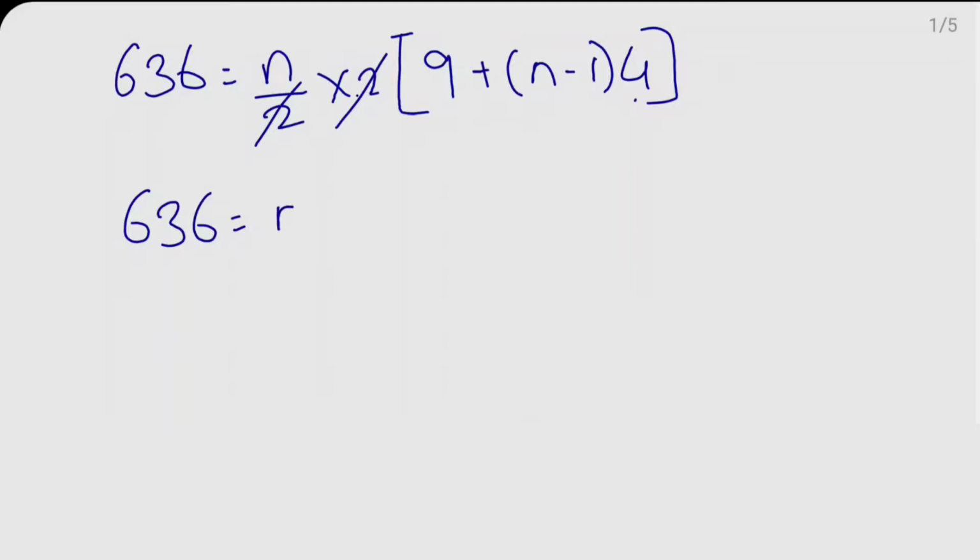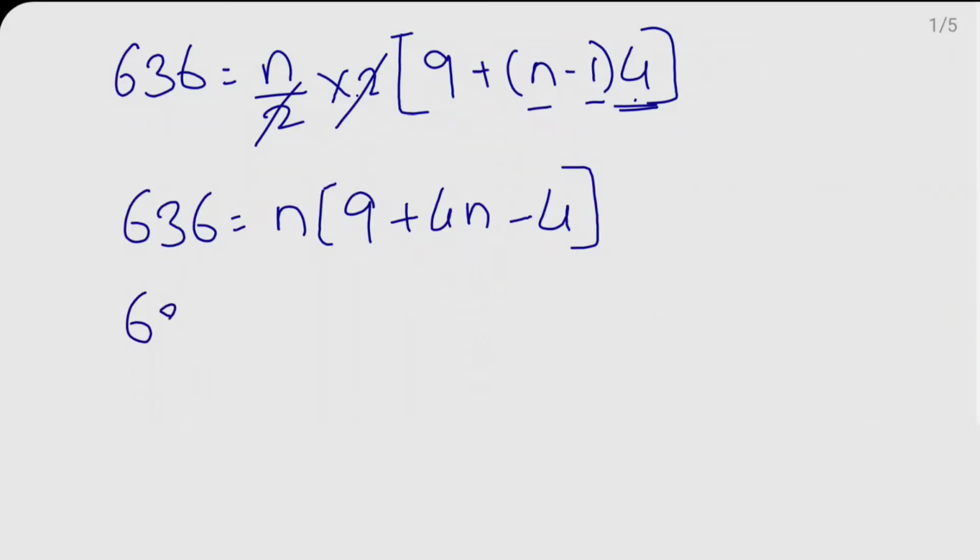636 equals n into 9. So here n into 4 is plus 4n, and minus 1 into 4 is minus 4. Any doubt here? So now 636 as it is, n in a bracket, 9 minus 4 is 5, plus 4n.